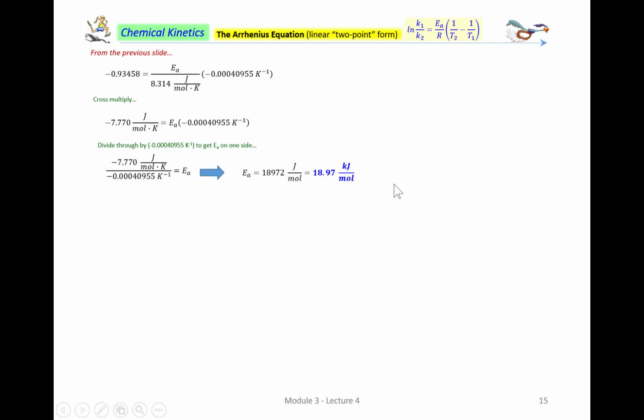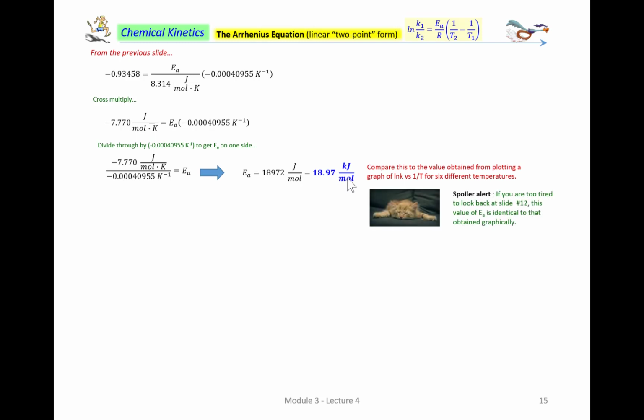This is just using 2 points, assuming a straight line relationship between them. And if you compare this value to that obtained from plotting a graph of ln of K versus 1 over T for 6 temperatures, you get the same value. Now, if you're too tired to look back at that slide, it is the same value.